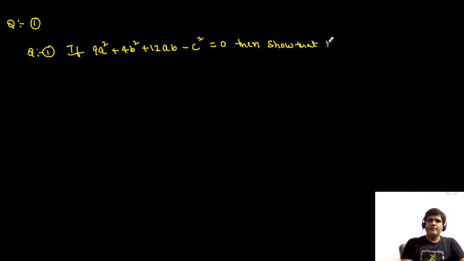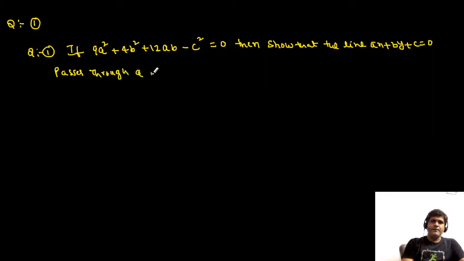the line ax + by + c = 0 passes through a fixed point.